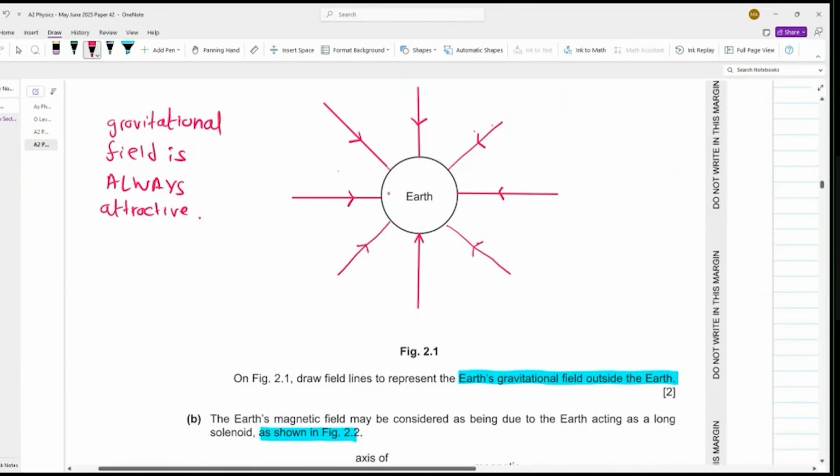You can say all the field lines are making a 90-degree angle like this with the surface. All of them. Hence, they are evenly spread out. Hence, the gravitational field strength does not vary around the surface.